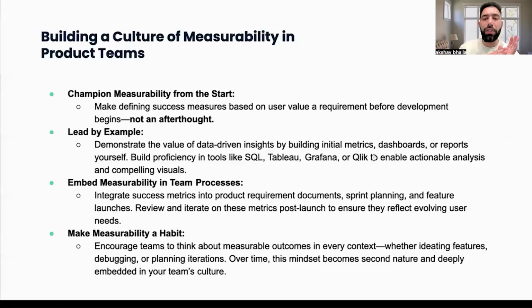Second, foster the culture of cross-functional alignment through measurability. Making success metrics a shared mindset across engineering, design, and other cross-functional teams can really help you over the period of your product's lifecycle. So when engineers really understand that their work directly impacts a measurable user outcome, like let's say response times or reducing the number of errors over the period, it really creates a deeper connection to the product's mission.